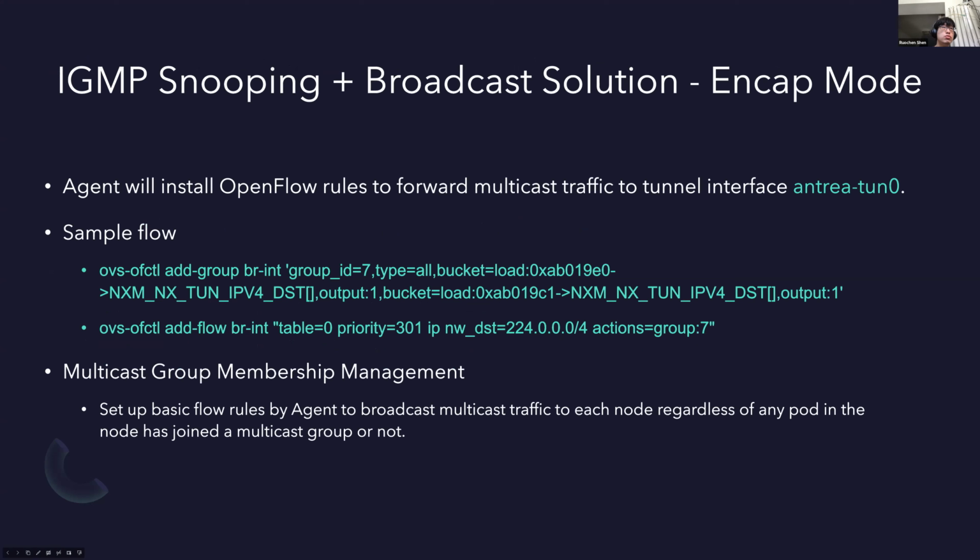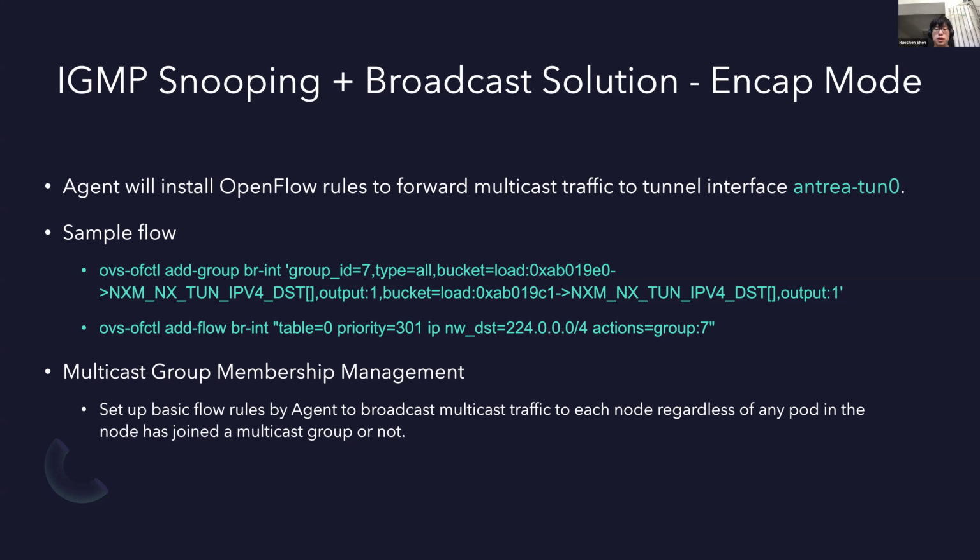So when it's in encap mode, the agent will install OpenFlow rules to forward multicast traffic to the tunnel interface, antrea-tun0. By default, it will create a flow for other nodes, so the multicast traffic can be broadcast to others.